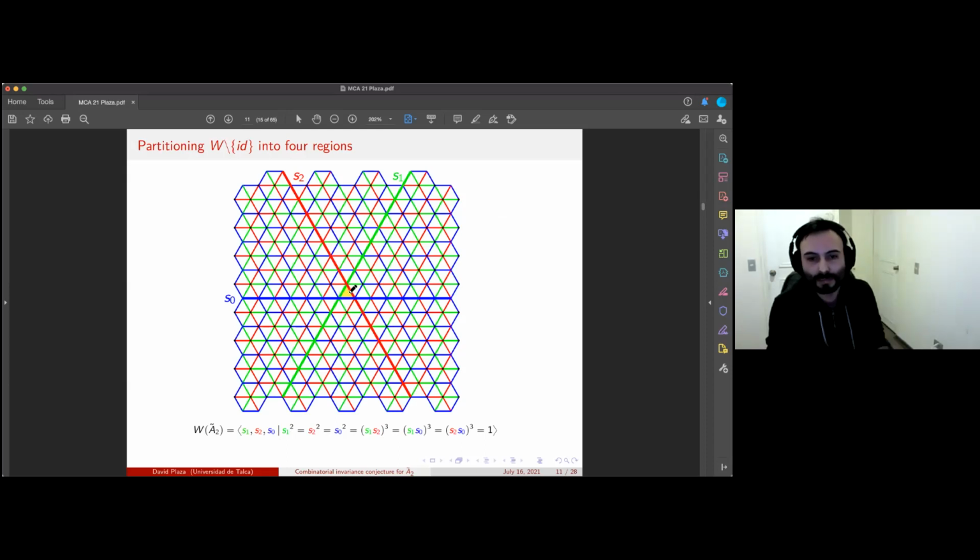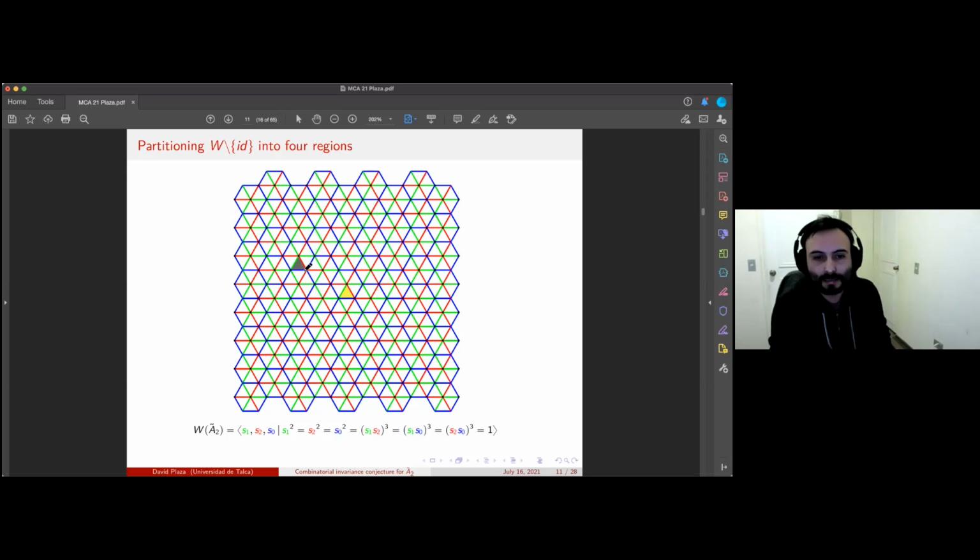In this case, we fix this yellow triangle and declare it as the identity triangle, and then consider the lines that support the sides of this triangle and the reflections through these lines. We identify each one of these reflections with our generators. So we identify the reflection through this blue line with S0, this green line with S1, and the reflection through this red line with S2. And in this setting, each triangle corresponds to a group element.